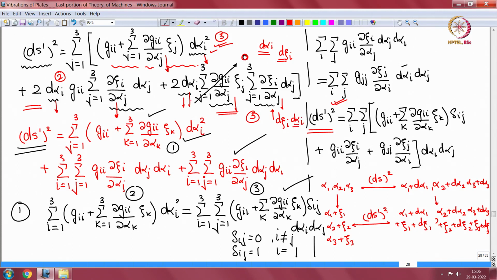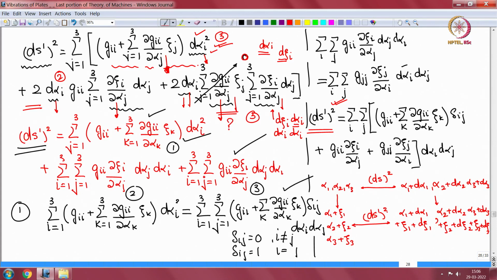Now here also there is a d alpha I, that is fine, and here there is another d alpha I. Now both this term and that term, although small changes, are equal, and we do not know the magnitude, we have no idea of the magnitude.